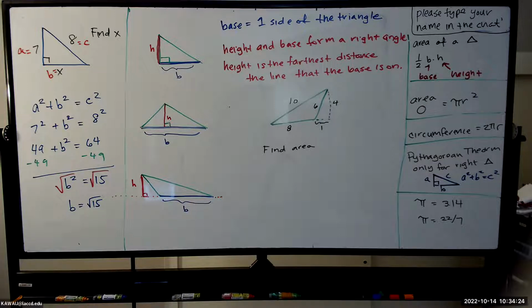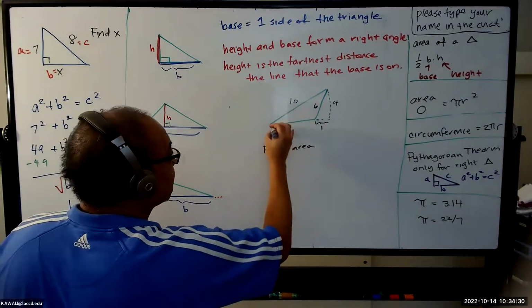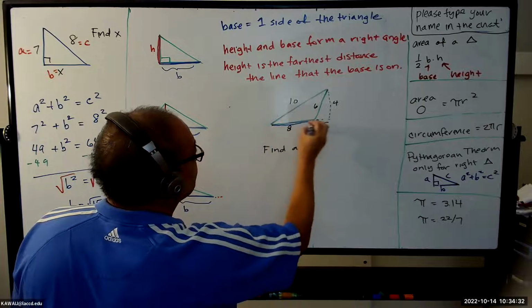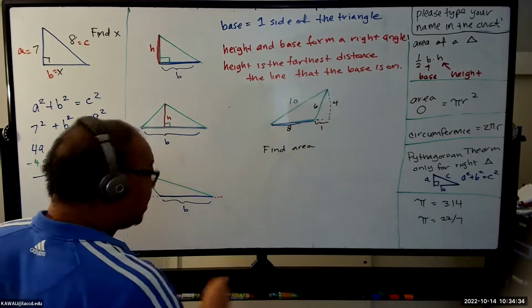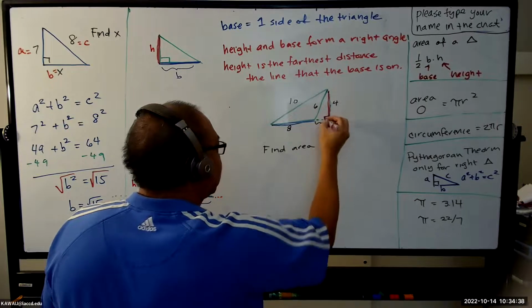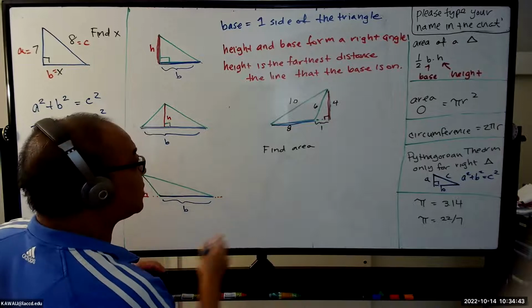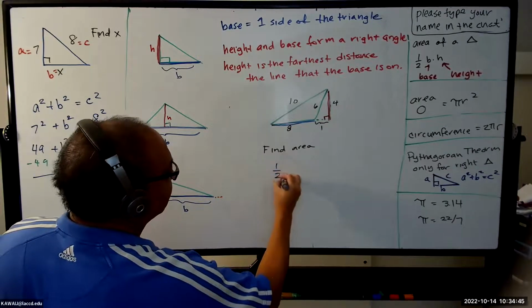Okay, so let's take a look at this. So my base is going to be here. My height is going to be here because I have this rectangle. So now this is going to be 1/2, right?